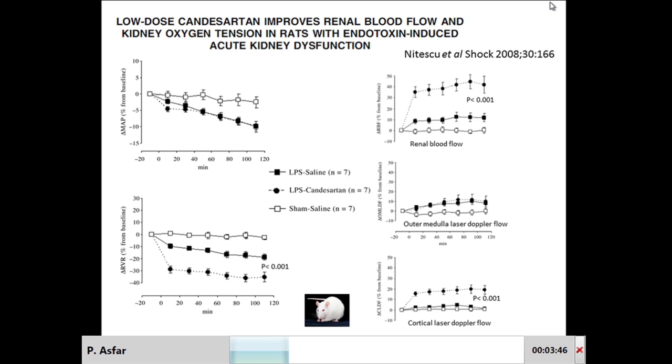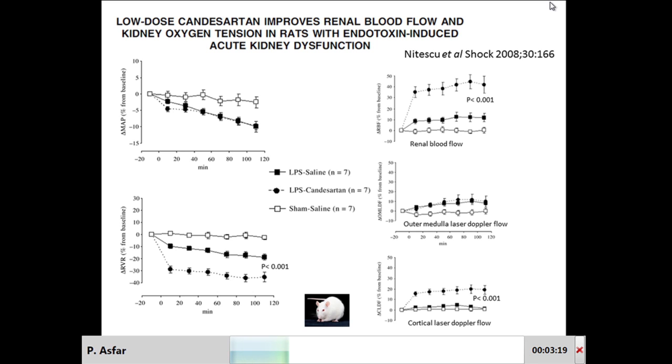In this study, conversely to the addition of agonists, they used an antagonist of the renin-angiotensin system, which is candesartan, an angiotensin receptor blocker, and the dose was tuned in order to avoid a decrease in mean arterial pressure.